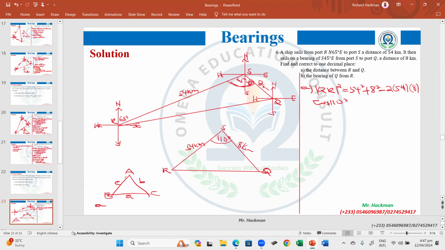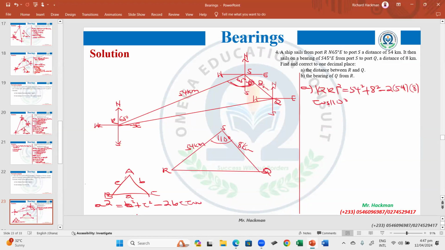If you don't want to take the square root, then write the square, so that it will be the refined version. So a squared will be equal to the square of the other sides summed: b squared plus c squared, then minus twice the product of these two sides, bc, then cos of your included angle.